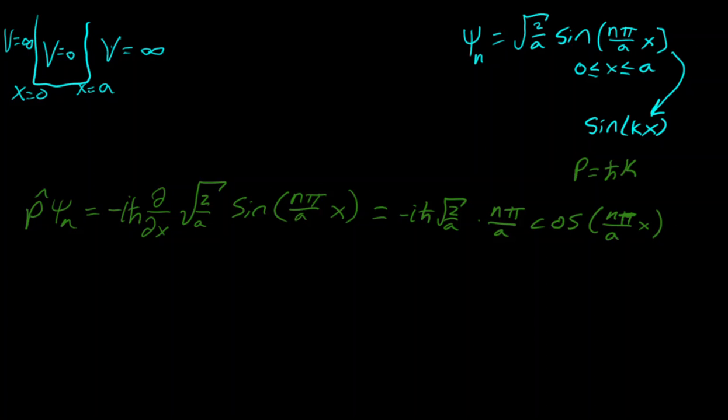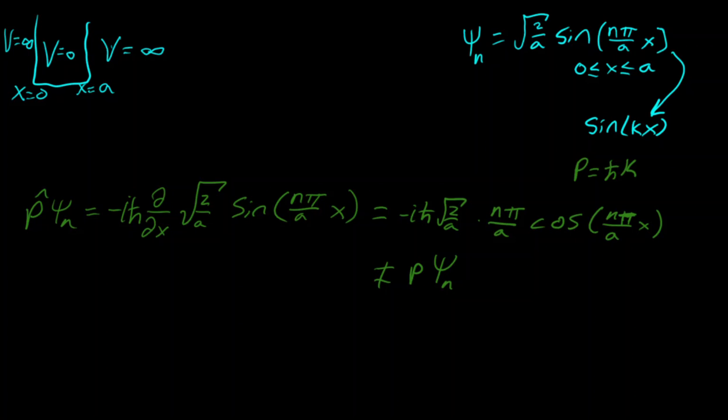As you can see, this is not a constant multiple of psi n. We have a sine here, we have a cosine here, so they're not constant multiples. So we know that this function, even though it might look like it could be, does not have a definite value of momentum.